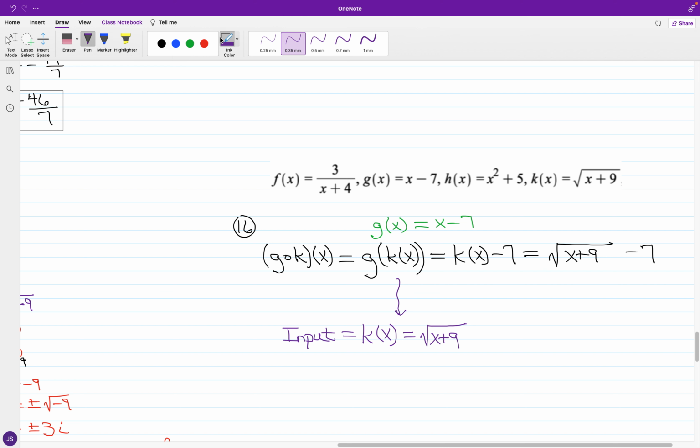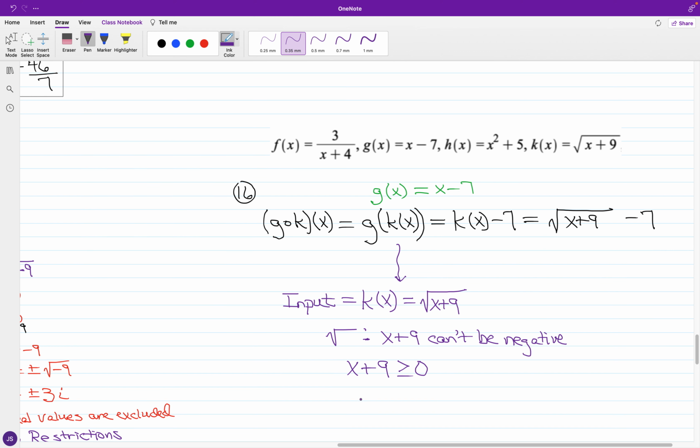In terms of any restrictions, because we have an even root radical, again, we cannot have X plus 9 be negative. But with the square root of X plus 9, you can have X plus 9 be 0 or positive. So if X plus 9 is greater than or equal to 0, we're going to have the restriction for the input that X is greater than or equal to negative 9.